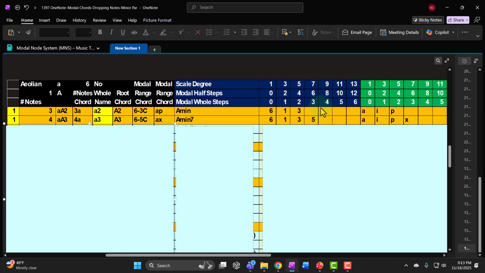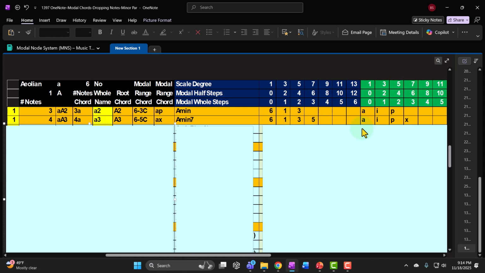I'd rather say it's 3 modal whole steps up. 3 times 2 is 6 modal half steps, which plus 1 would be the 7th scale degree, allowing me a naming convention of 4A, standing for a 4-note Aeolian, or more specifically, A4, standing for an Aeolian 3 modal whole step, 3 modal whole steps being the distance from the node we're on to get to the last point.